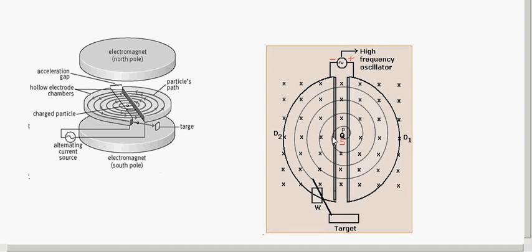Now in the construction we have seen that inside this metal D-shaped segment the ion is acted on only by the magnetic field, because the metal segment is shielded such that the particle or the ion inside this metal D-shaped segment is acted on only by the magnetic field.